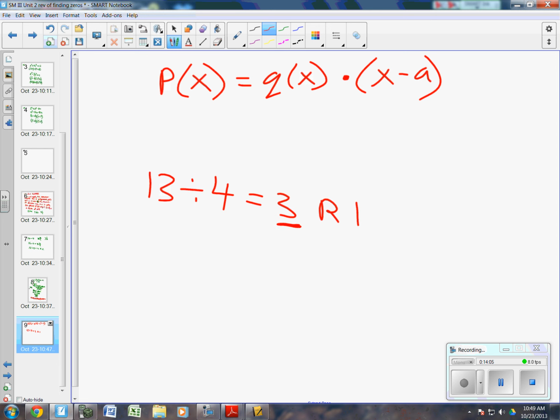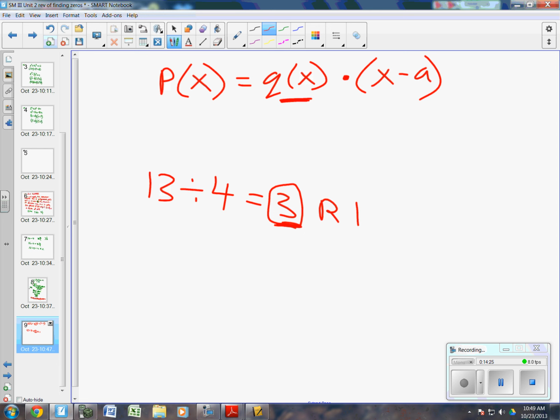Well, see this 3 part? That's like Q of X. If I divide P of X by X minus A, I would get Q of X plus the remainder. And I'll add that on here in just a second. But Q of X is like the 3. It's the number you get before the remainder, okay?